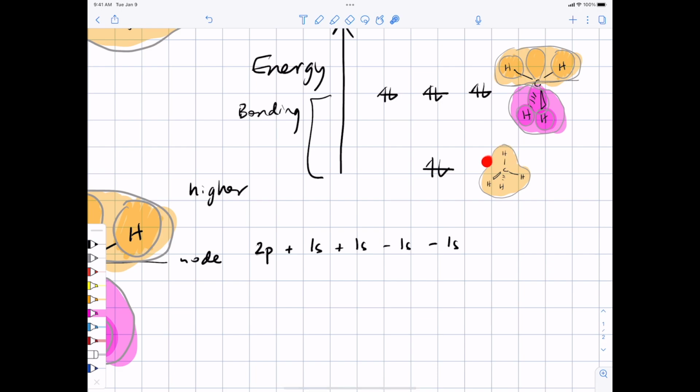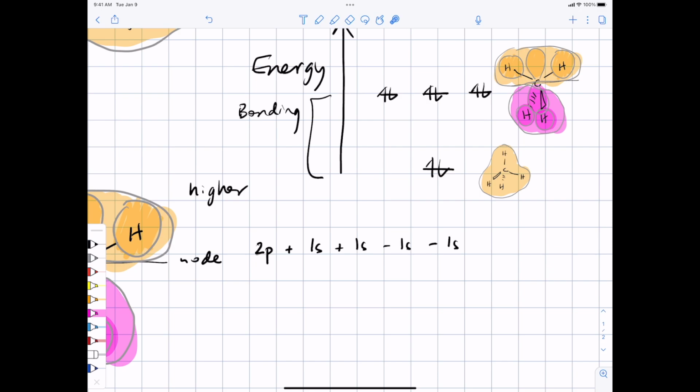Remember that these are atomic orbitals mixed together to make a molecular orbital. So yes, this lower energy orbital does come from the 2s orbital on carbon overlapping with 4 of the 1s orbitals on hydrogen. And then this comes from overlap of each of the p orbitals on carbon with the 4 1s orbitals on hydrogen.